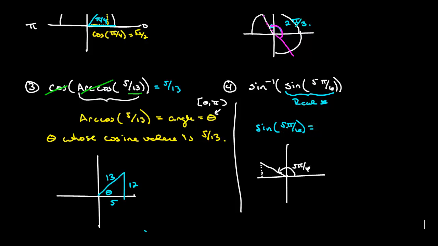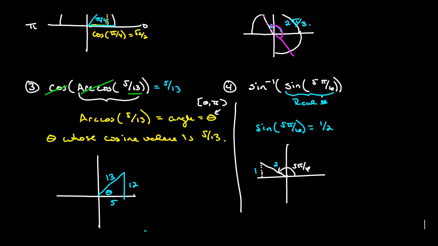Well, what is the sine at 5 pi over 6? We know from the unit circle that the sine value at 5 pi over 6 is 1/2. So that means this is 1/2. Now watch what happens here.